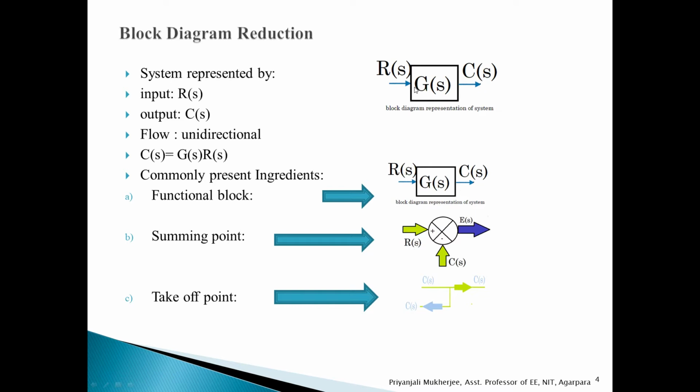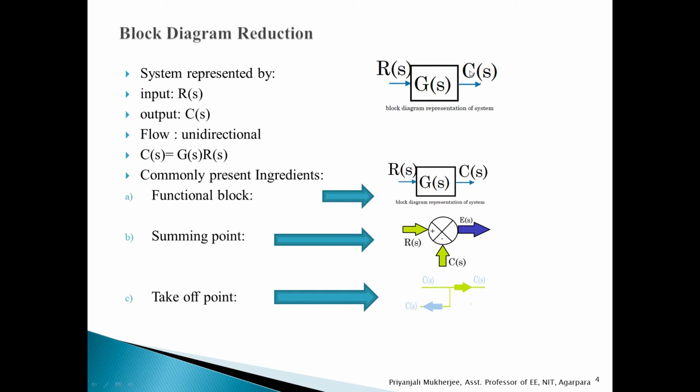Now, the block describes the relationship between the input and the output quantities through this transfer function. That means R(s) goes to the input of G(s) and it produces the output C(s). So, this C(s) by R(s) relationship can be obtained by this block diagram representation.